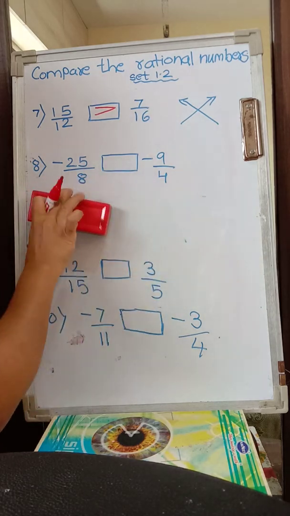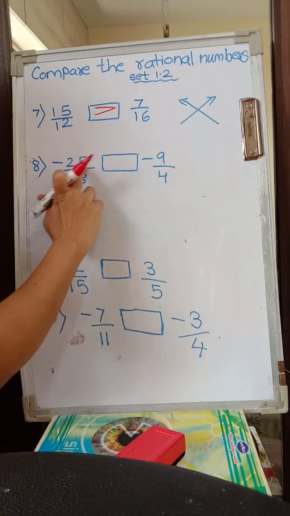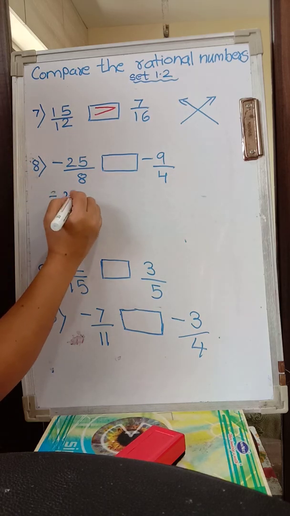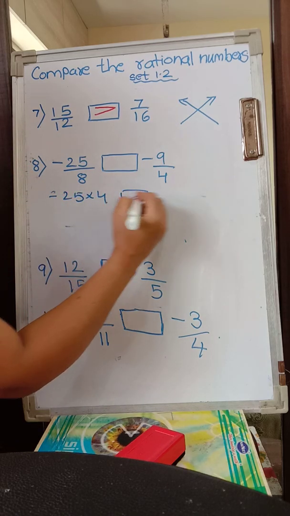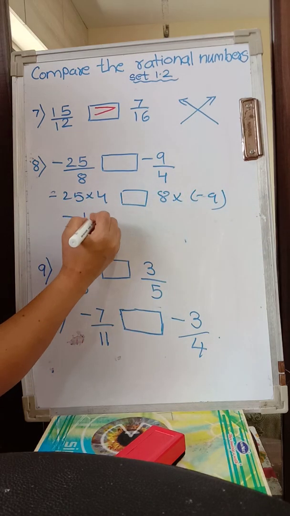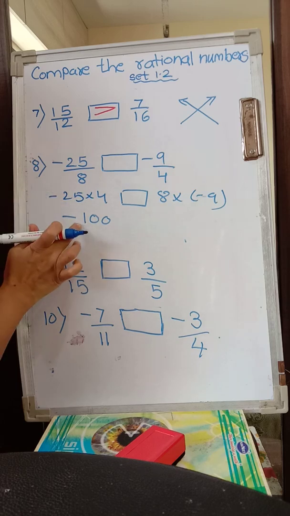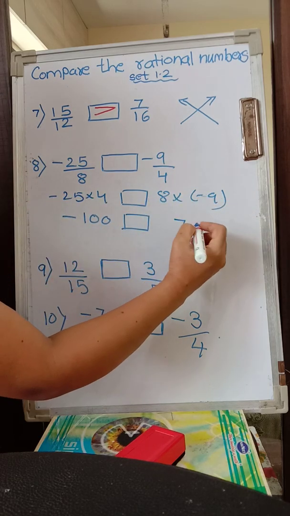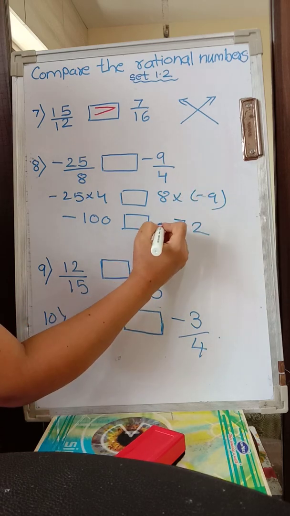Here you have both minus signs, multiply. 25 into 4 is how much? So you have minus 25 into 4. You are going to compare with 8 into minus 9. Alright, 25 4s are 100. You will have minus 100 over here. And here you have 8 9s are 72, and the minus sign.